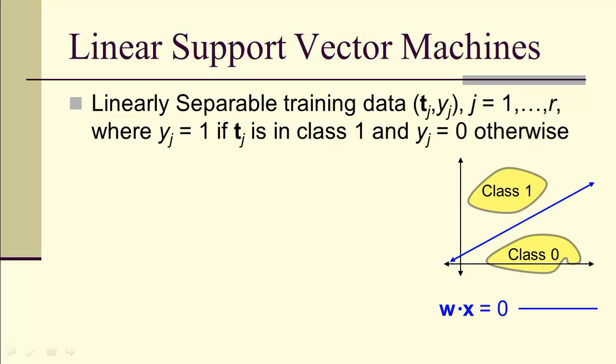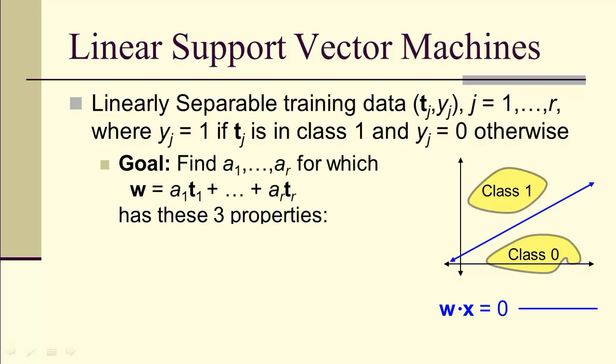So we've got training data where y sub j is equal to 1 if t sub j is in class 1 and y sub j equals 0 otherwise. And our goal is to find these coefficients a1 to ar for which w has 3 properties. W dot t sub j is greater than or equal to 1 if t sub j is positive.